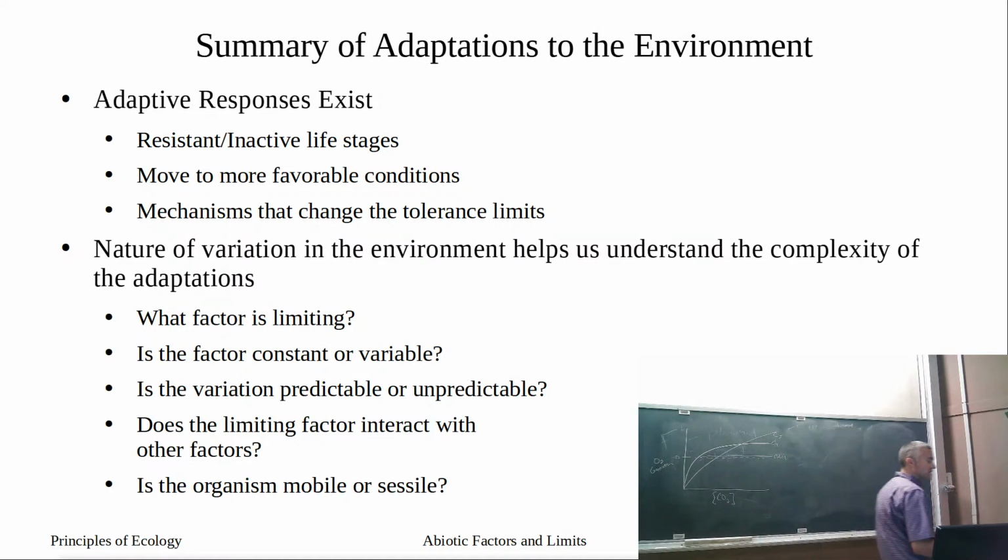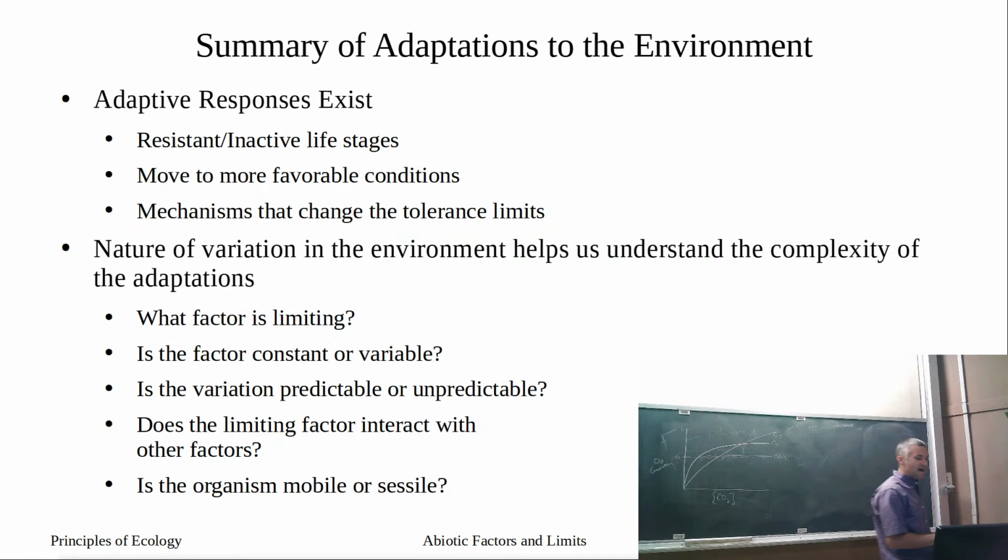Was the variation predictable? Was it unpredictable? Did we have some sort of interaction? So if we had low water conditions, was that also coupled with, let's say, high temperatures or high light? So are we going to see multiple adaptations evolving that might be correlated to one, but each one evolved in response to a different set of factors?